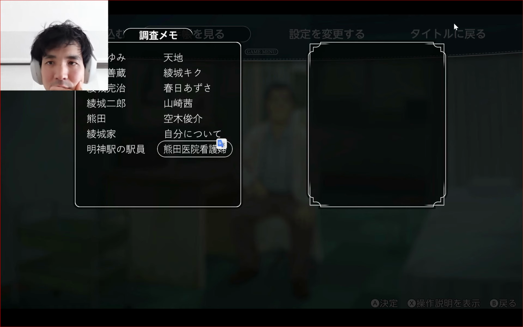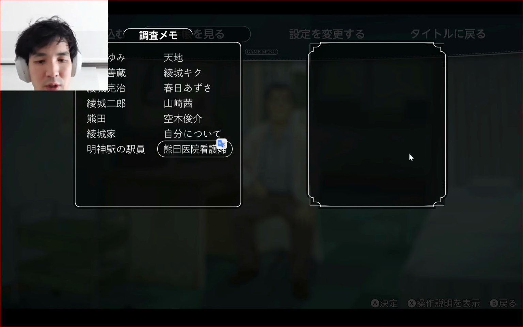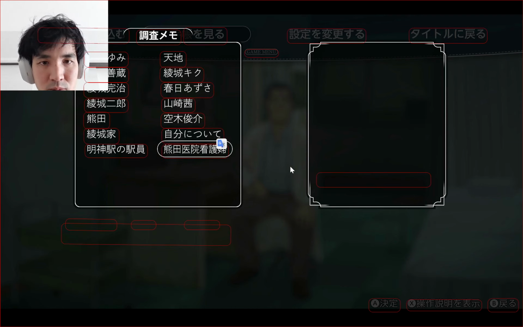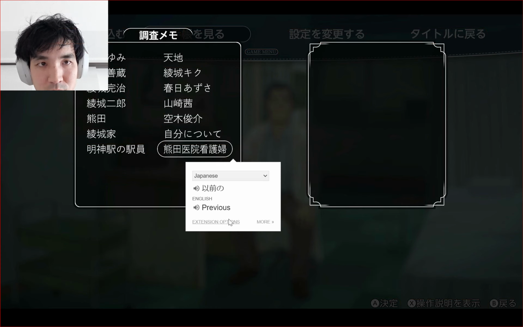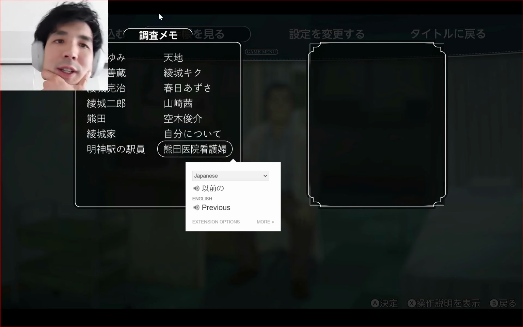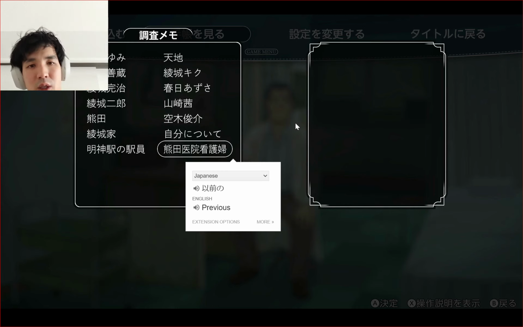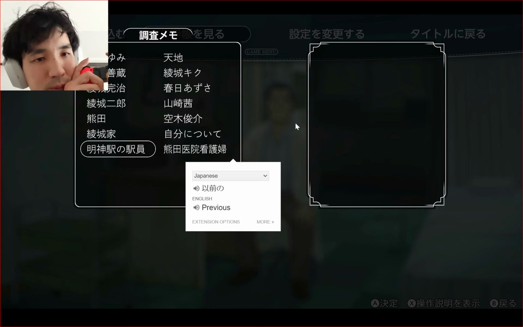I'm just looking at the OCR settings right now. Okay, so this translate button is definitely a part. Oh, there's options here. I mean, they don't show up. Okay.